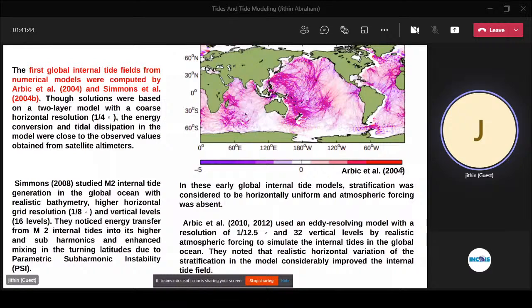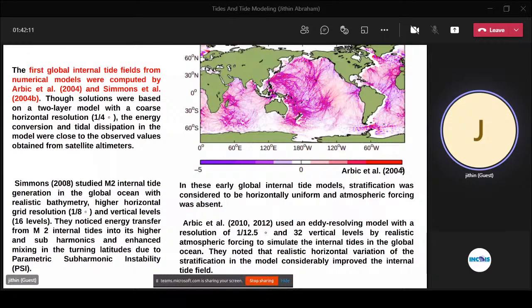In the Indian Ocean, at the Mascarene ridges and in the eastern Indian Ocean, there are strong internal tide generation sites, and also in the southern part there are a few ridges and islands, submarine ridges and areas which cause strong internal tide generation.